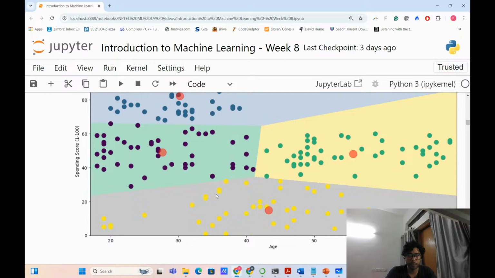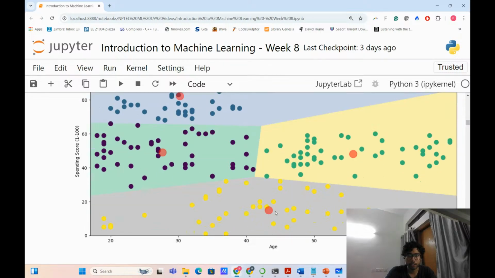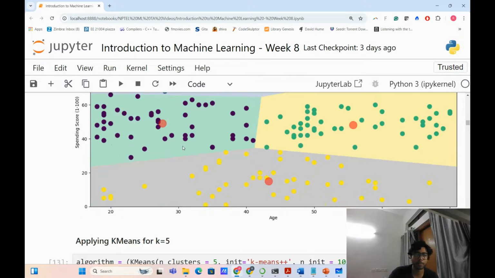These are the customers which have a lower spending score, and these are the customers which have higher age but medium spending score, lower age with medium spending score, and lower age with high spending score. So these are the kind of insights that you can get from k-means clustering.